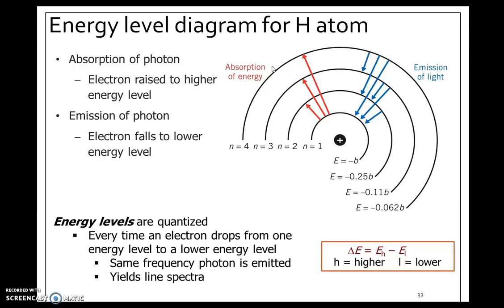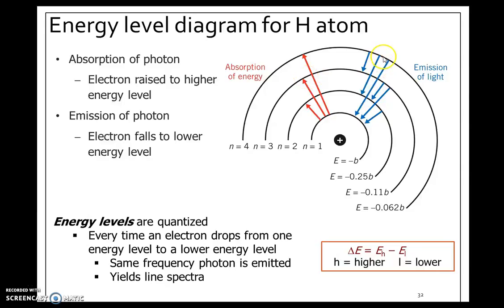Here, they're quantized. So if an electron jumps from a lower level to a higher level by inputting energy either through heat, so like flames that we did in lab, or through electricity, like the emission tubes that you saw in lab, that jump is called absorption. When it's in an excited state, it's not very stable, so it doesn't want to stay there for very long.